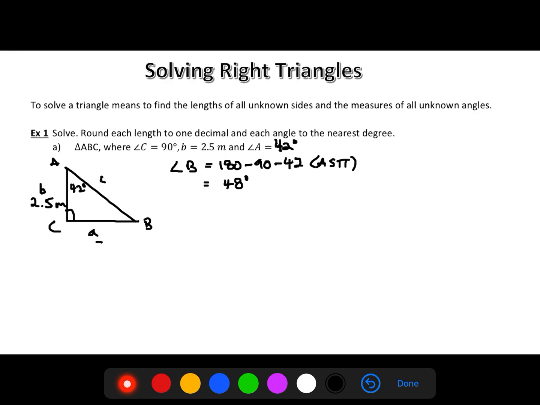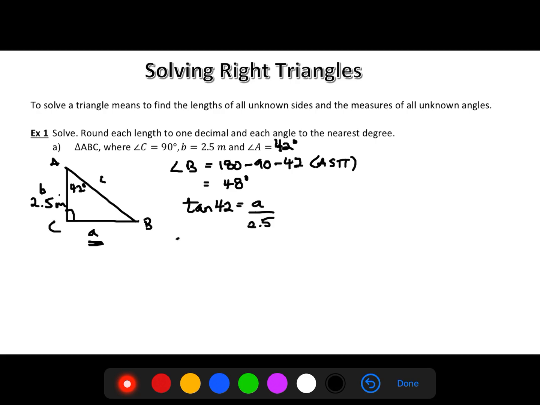So now we still have to find side a and side c. Well, if we want to solve for side a first, let's take a look at side a. Side a is opposite to our 42, and we know our adjacent. So we know that we're going to use tangent.